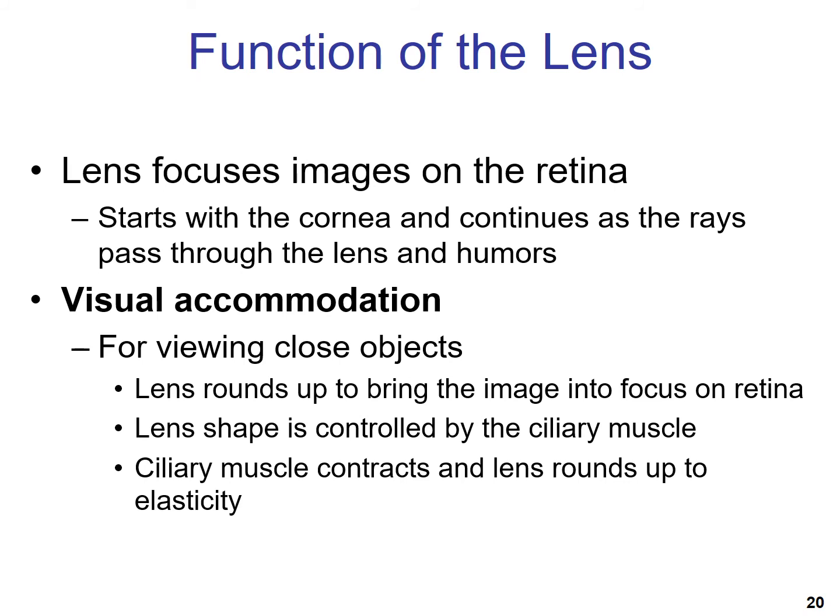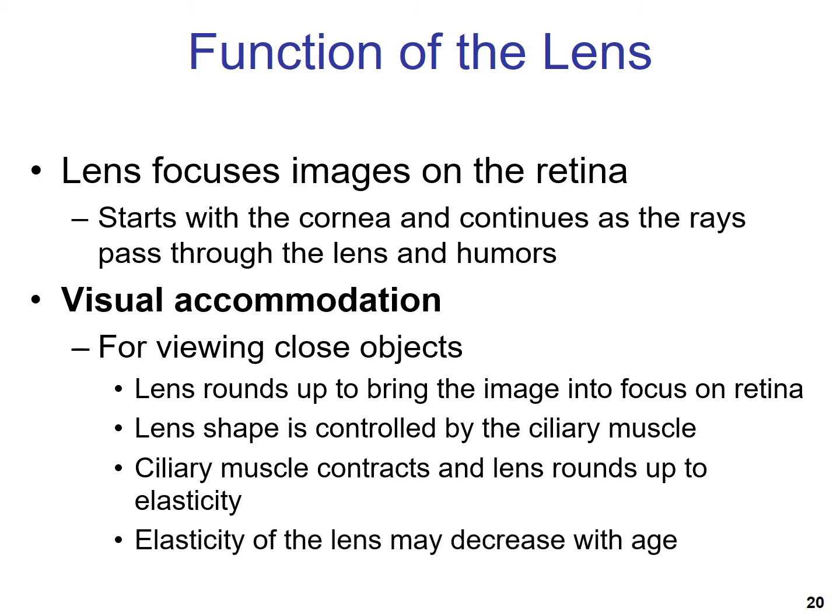What they're trying to do is actually be able to focus on it. The reason why they can't focus on it close up is because the lens is not flexible enough. So as this says, the elasticity of the lens may decrease with age. Now, if somebody has had a lens replacement surgery, as I've had, the shape of those lenses cannot be changed at all by the ciliary muscle. And so you've got really fixed vision.